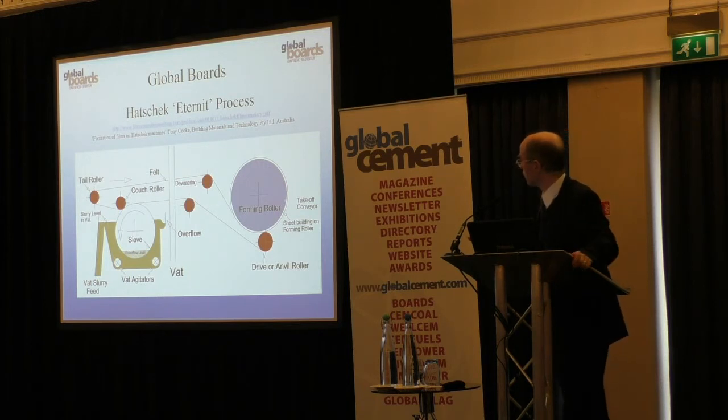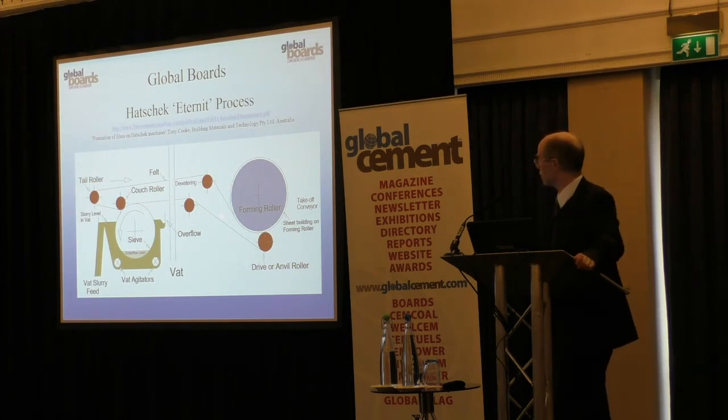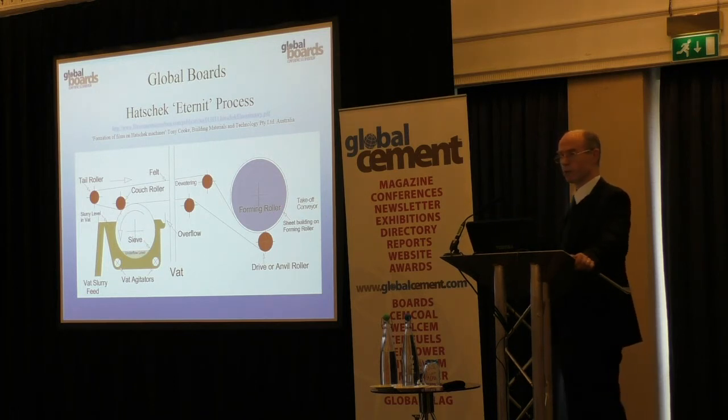And then there'll be a take-off conveyor here, which, if you like, slices off or takes off the fibre cement board, and then it takes it off onto other conveyor belts and other processes.